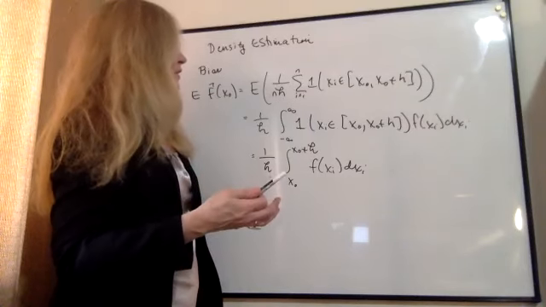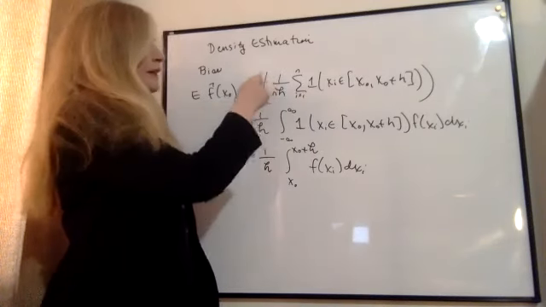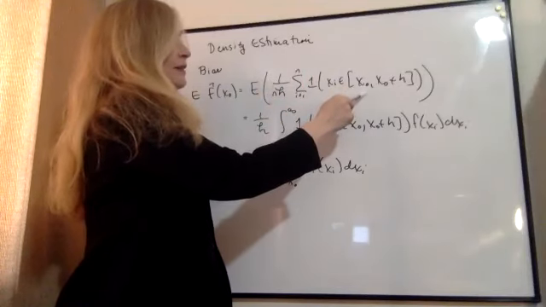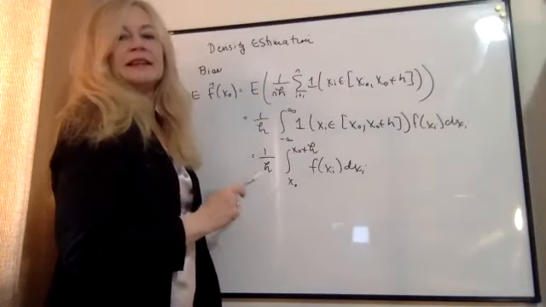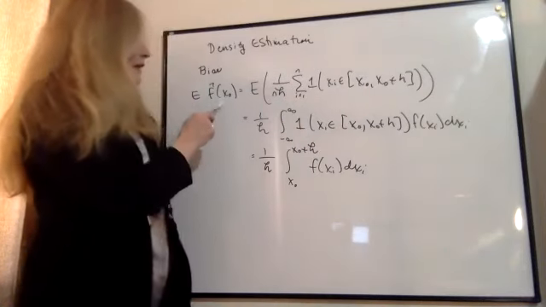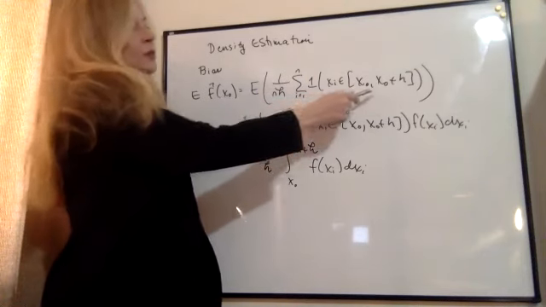So the only function that we have here, f, is an estimator. I'm considering this as my estimator of the density, and it's a function of the data and of the point x naught.